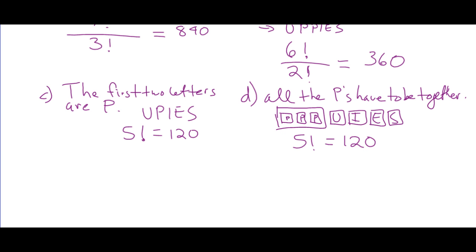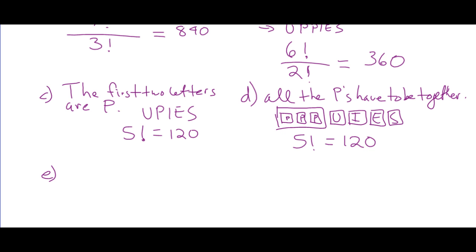So with oranges, we wanted the vowels together, don't put a restriction, then you're arranging 3 different objects. Here, you're arranging 3 objects, but they're all the same. There's only one way to arrange them.